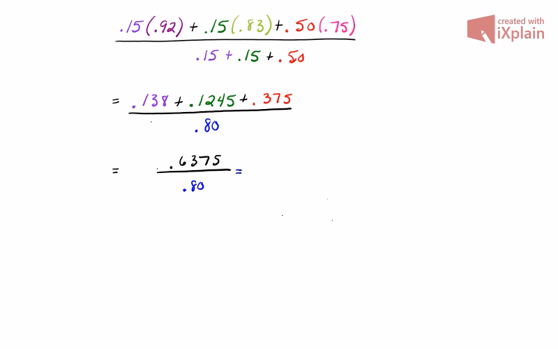And this is going to give me 0.796875. So in other words, if we convert this into a percentage, since we were just working with the decimals this entire time, the student's average score in the class right now is going to be 79.6875%. Or if we rounded this to the nearest tenths place, we would say this is 79.7% about.